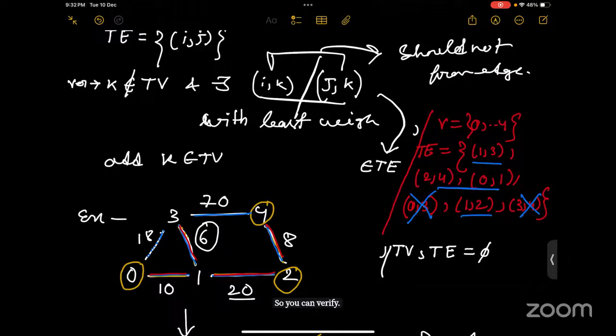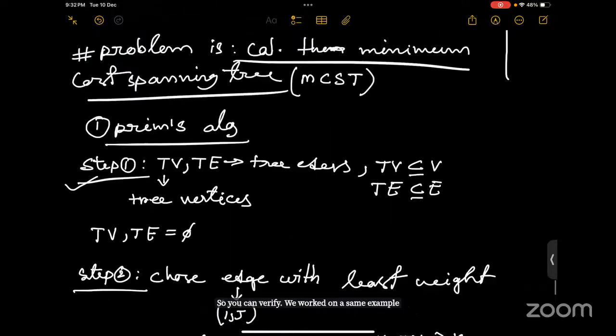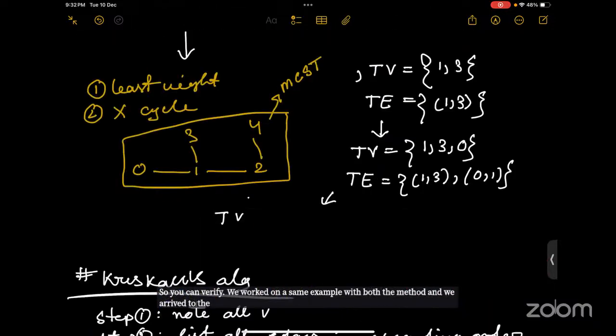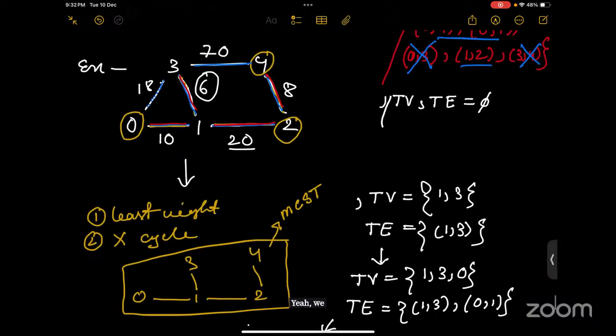We worked on the same example with both methods, and we arrived at the same tree. So the least cost spanning tree will be unique. We can use any of the methods. Okay, so if you have any doubt, just let me know. Then we will start solving some problems.